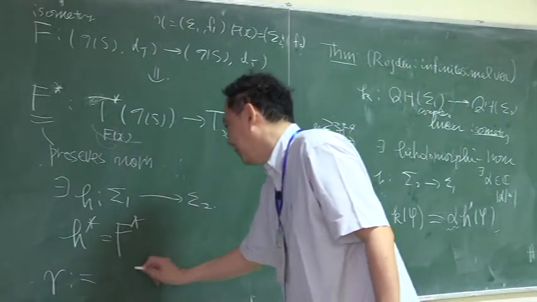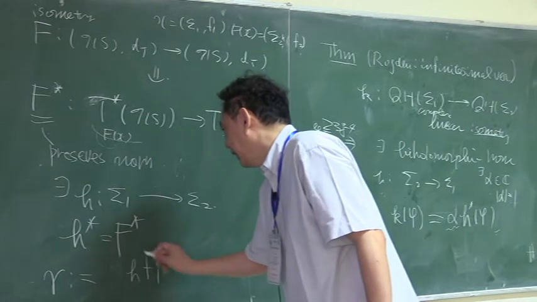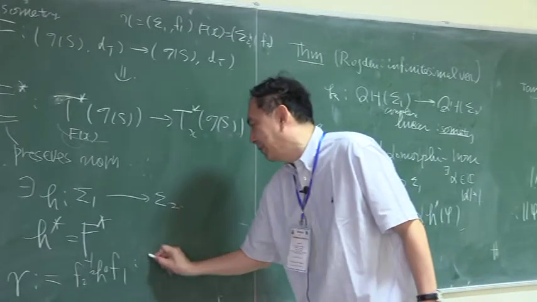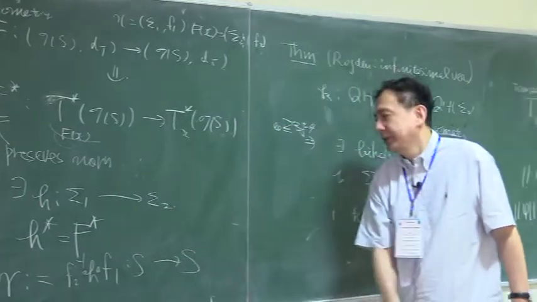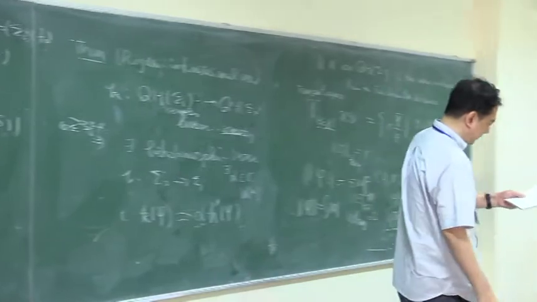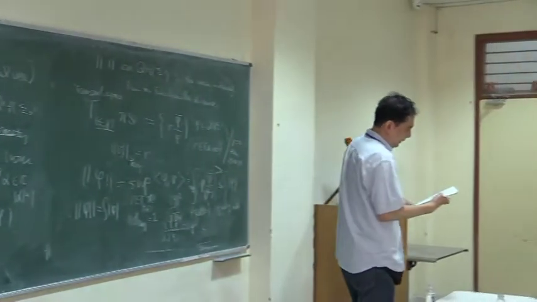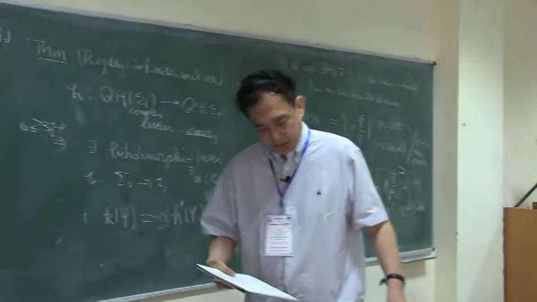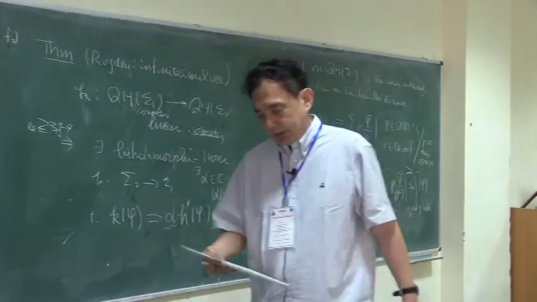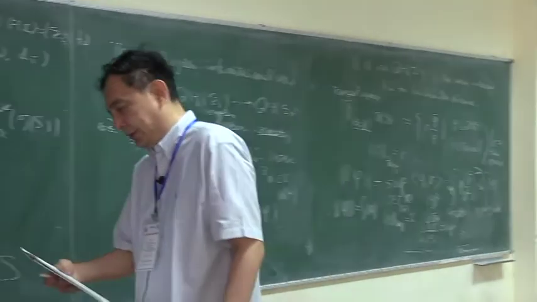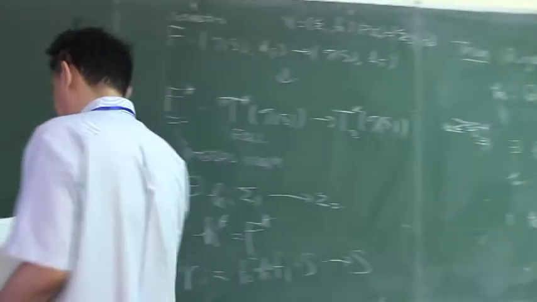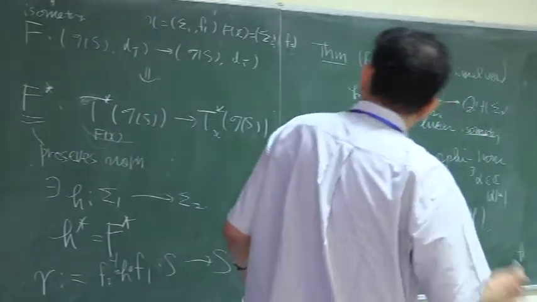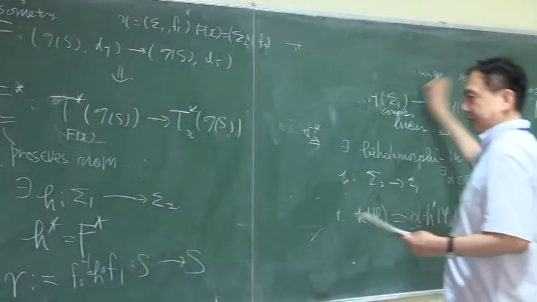So you have H, so you have F1, H, then F2 inverse. Then this is a map from S to S. Okay.